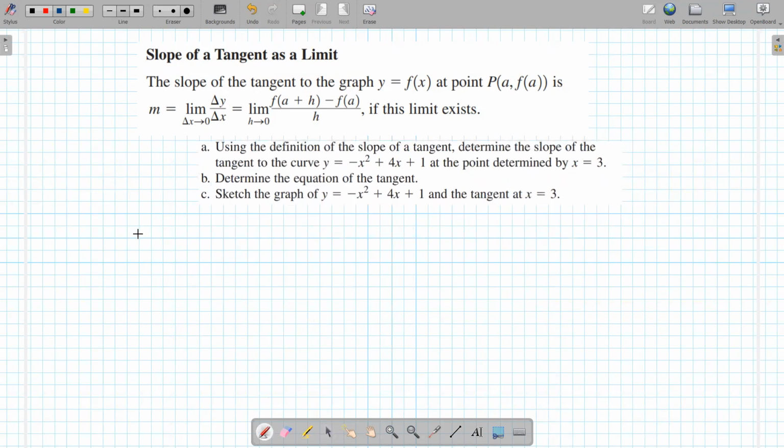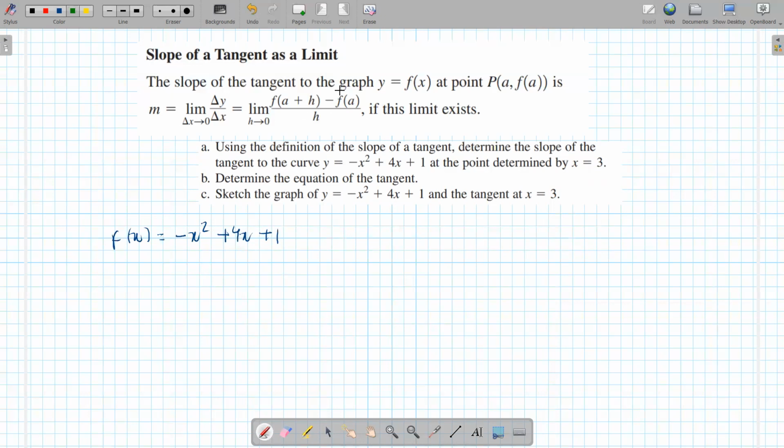So this is the question, that's the formula. And here's where things get a little bit tricky. So our function is f of x. The y is f of x, basically, and that's negative x squared plus 4x plus 1. It's asking you to find the slope of a tangent line. It depends on the x value. So step by step.